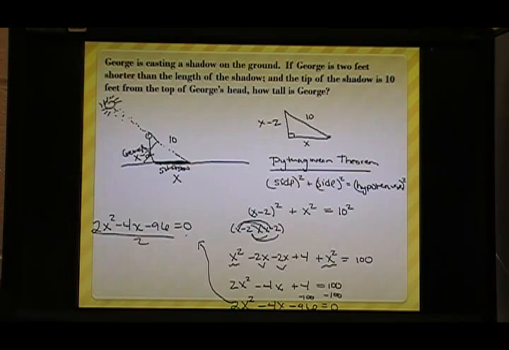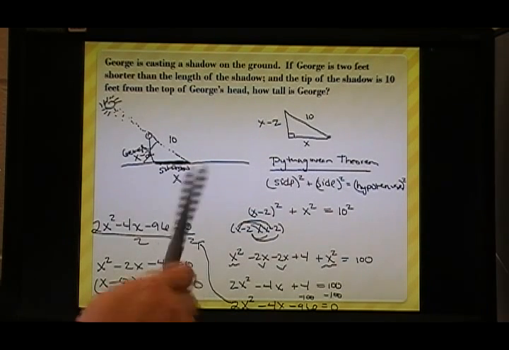Just divide both sides by that common factor of 2. So I've got x squared minus 2x minus 48 equals 0. And now the equation that I have is very easy to solve by factoring. That factors into x minus 8 times x plus 6. And so I get x can either equal 8 or negative 6.